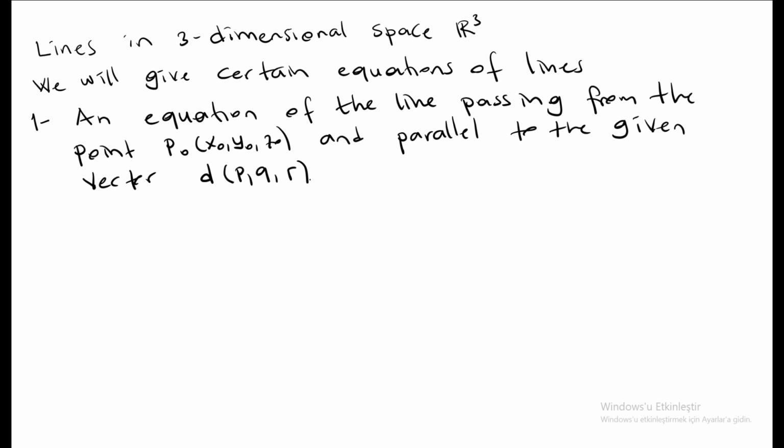The line is passing from a point and parallel to the one vector.